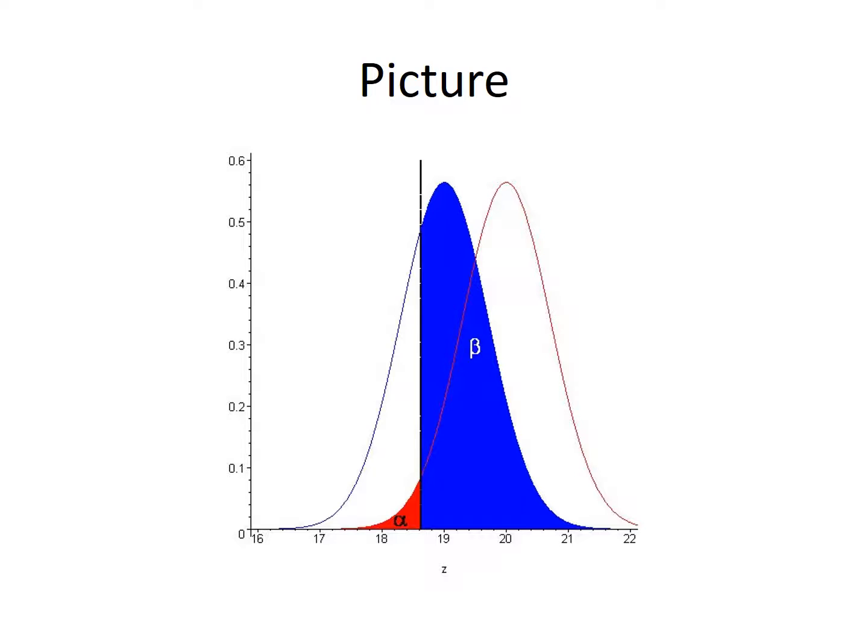So if 19 were the true average, and we thought it was 20, and we saw a sample whose average was 19.5, we would not reject the claim that the average was 20, and we would be incorrect to do so, because it would be in this blue region.